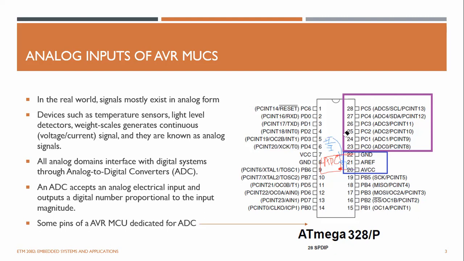Once the power is there, you can pick any of these pins which is coupled to an analog signal to convert that analog signal to a digital signal. You can do one at a time. Even though there are multiple pins, you can select one and get the number, then disable it and select the other one and get the number likewise.